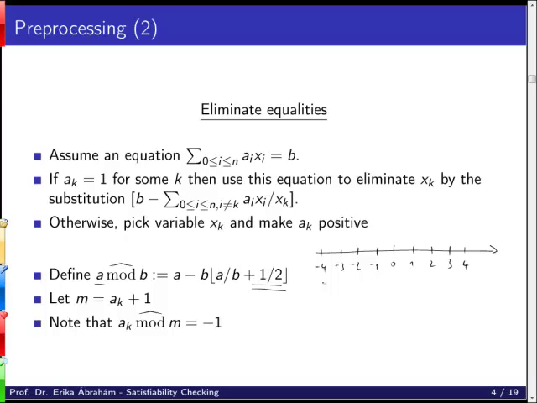We start with minus 4. Minus 4 modulo 4 would be, I just write it down as in the equation defined, minus 4 minus 4 times minus 4 divided by 4 plus 1/2. So this will be here 1. And that's why minus 4 modulo 4 is 0.